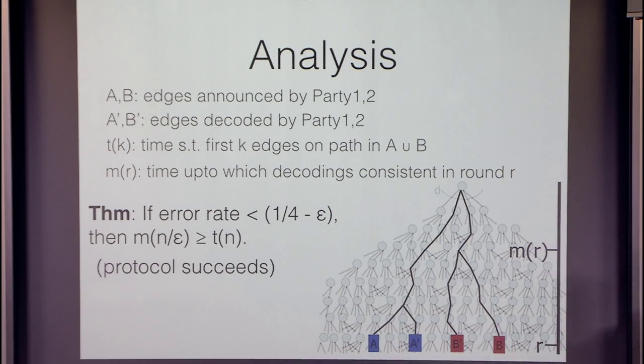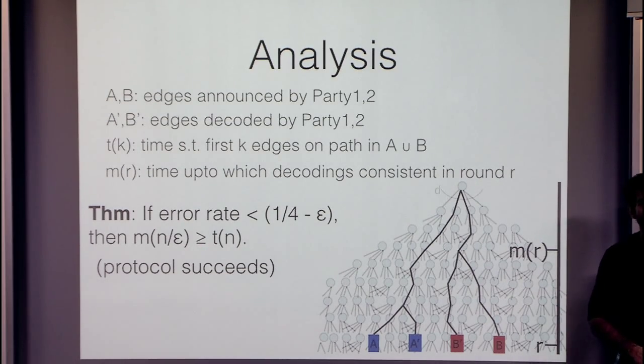Which means that t of n will occur somewhere here. In other words, both parties will have decoded all the n edges of the correct path correctly. And that means they both know what the outcome of the protocol is, because no other edges can change their belief about what happened in the real protocol once they know all n edges of the correct path.